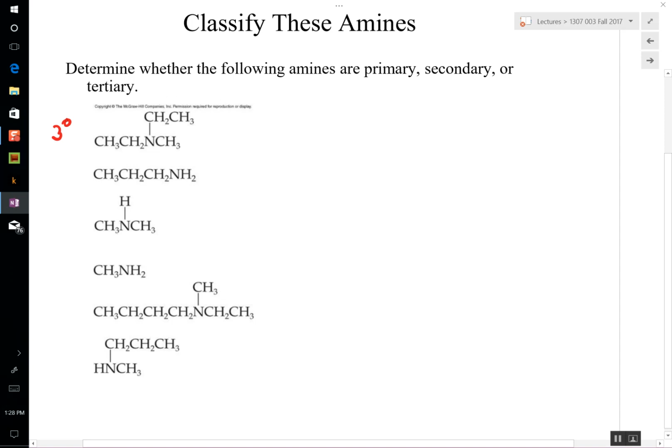Next one, primary. The secondary, primary, tertiary amine, secondary. We've got this on there, and we've got a methyl on there, and one hydrogen. So this is a secondary amine.